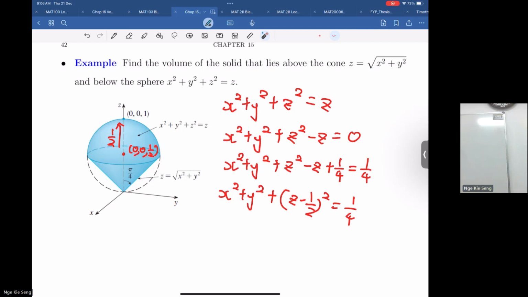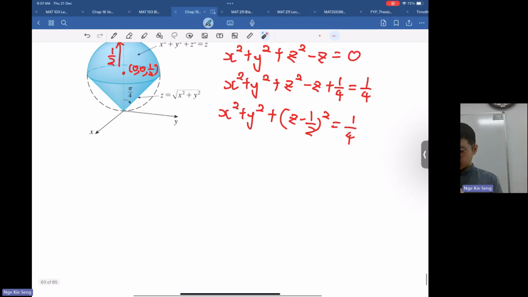So how do you see this cone there? This height is defined by the length of your point xy from the origin. Makes sense or not? So let me draw some picture for you.